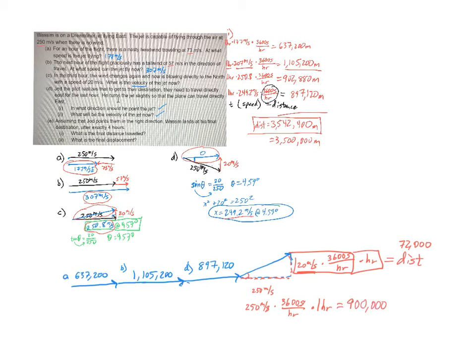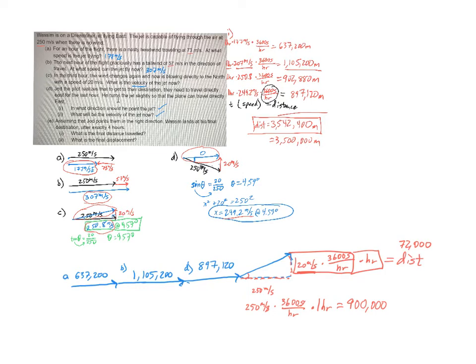So I have a total horizontal displacement, adding all these together, right? The 900,000. I'm gonna add the 897,120. I'm gonna add the 1,105,200.